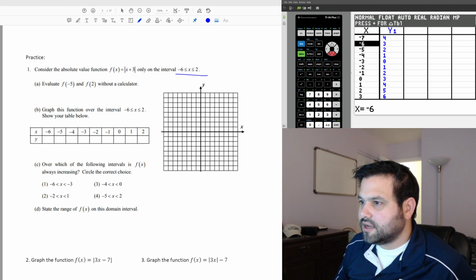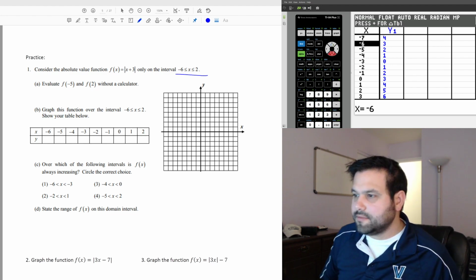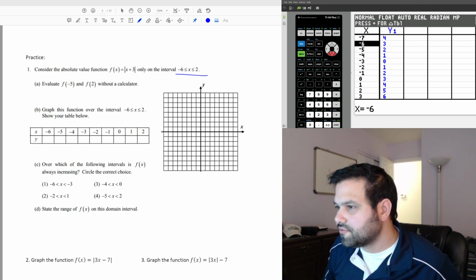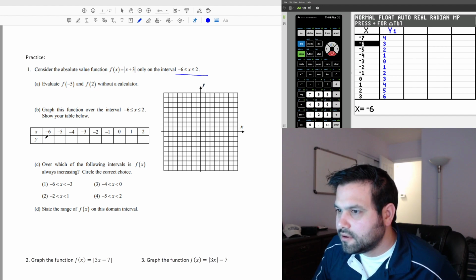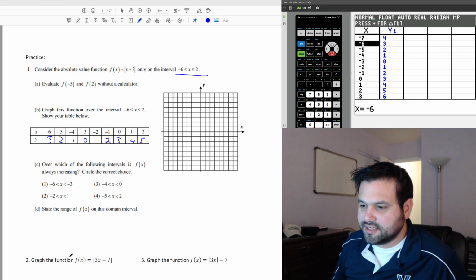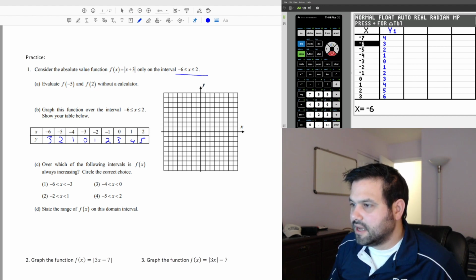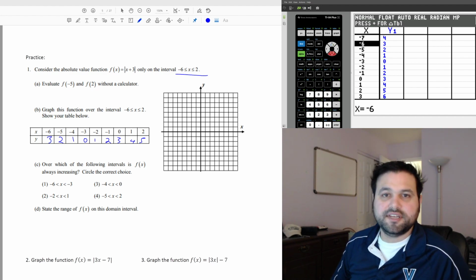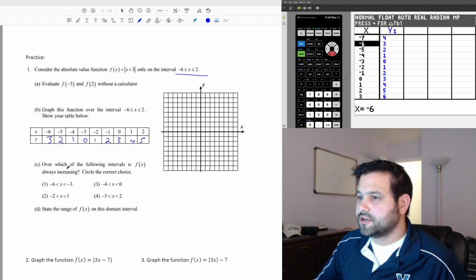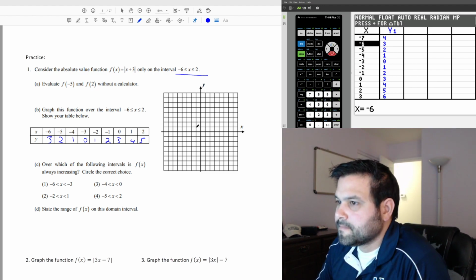So there we go, -6 to +2. And then I'm going to fill out the table. So it looks like 3, and then goes to 2, 1, 0, 1, 2, 3, 4, 5. Let me make sure I did that correct. Yeah, I just copied down those values from the table. And now I'm going to go ahead and plot these.